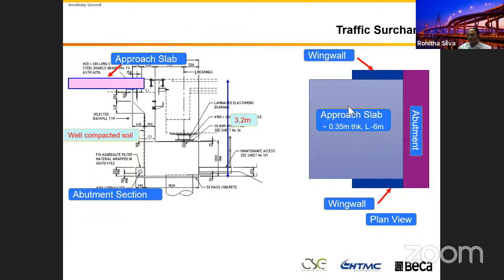So the traffic on this approach slab will provide pressure underneath the slab, which produces pressure on the soil, and that translates into horizontal pressure. The vertical pressure translates into horizontal pressure, the active pressure onto the abutment wall.